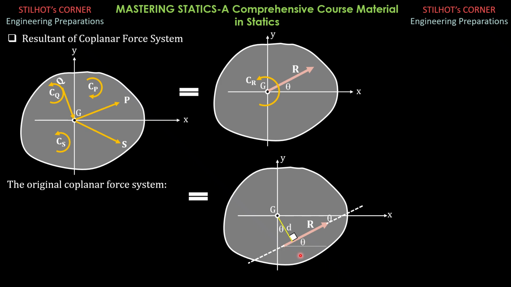That's the perpendicular distance, such that the moment of R about G, R times D, is equal to C sub R.